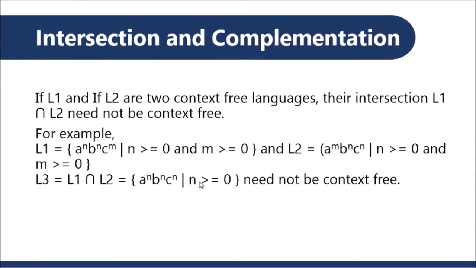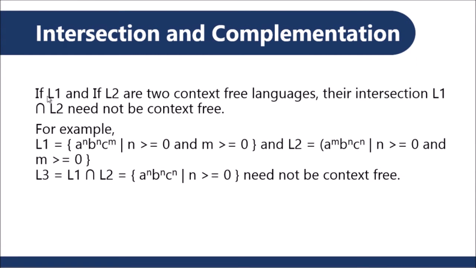Intersection and complementation. If language 1 and language 2 are two context-free languages, their intersection, language 1 intersection language 2, need not be context-free. For example, language 1 is a^n b^n c^m, where n is greater than or equal to 0 and m is greater than or equal to 0, and language 2 is a^m b^n c^n, where n is greater than or equal to 0 and m is greater than or equal to 0.